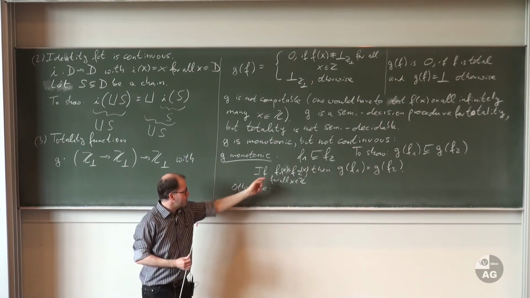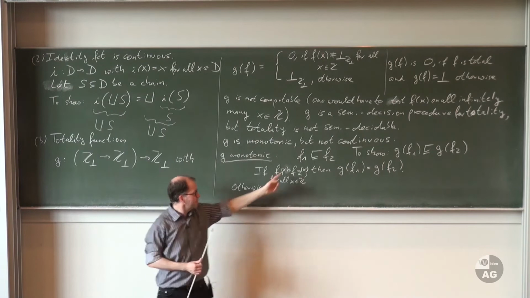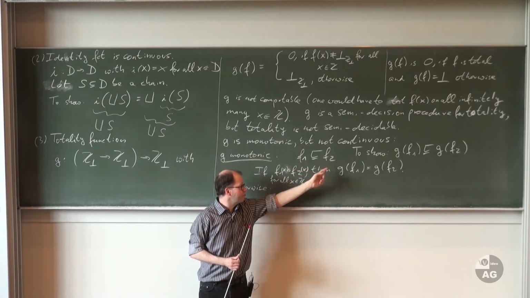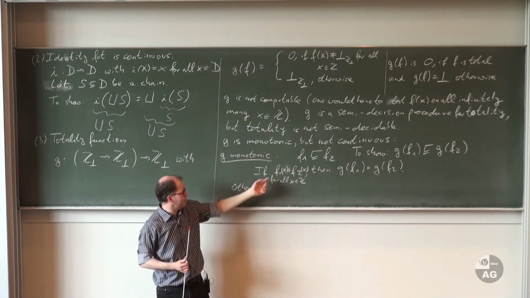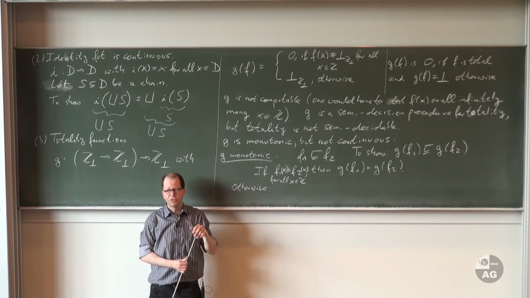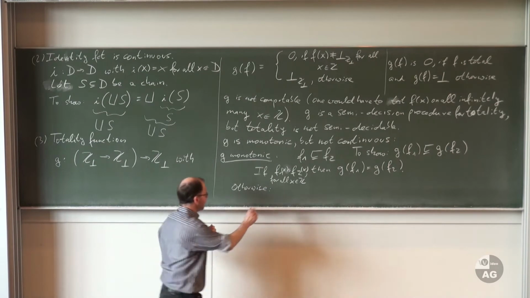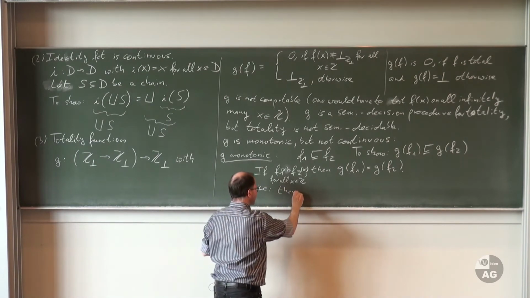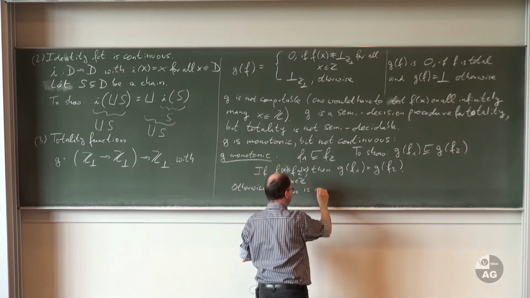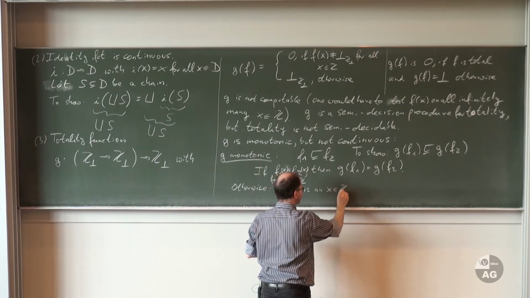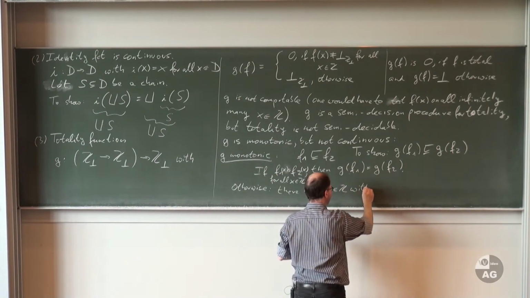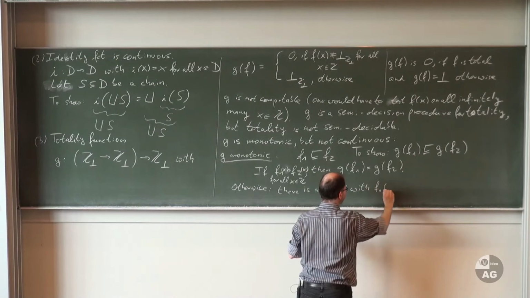And otherwise, if they are not equal on the integers, but f1 is less defined or equal to f2, then the only possibility is that there is some integer where f1 is not defined. So otherwise, there is an x from the integers with f1 of x is bottom.